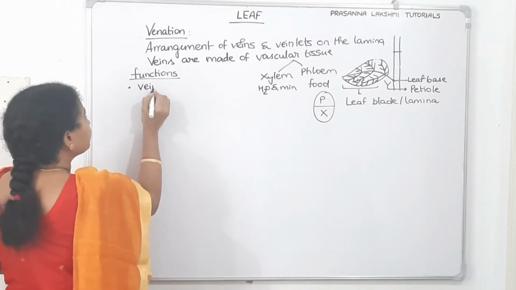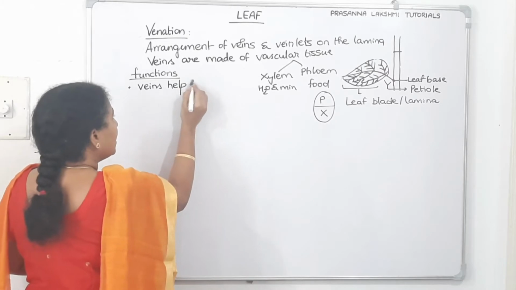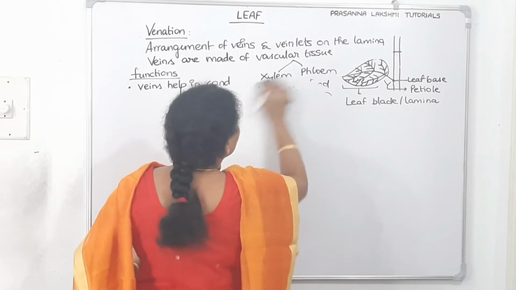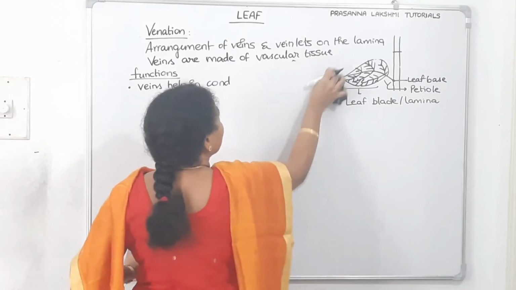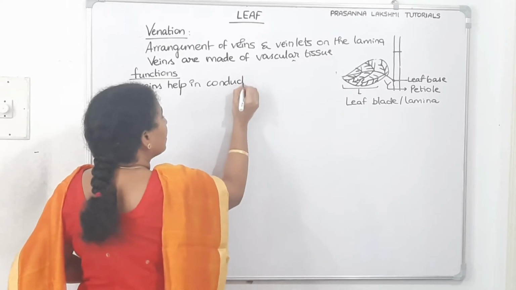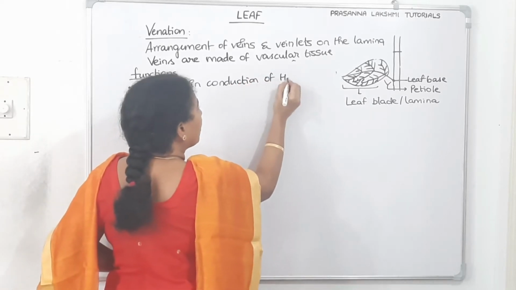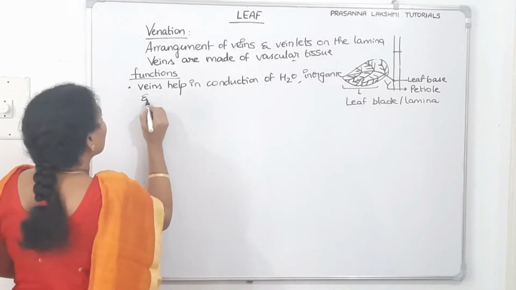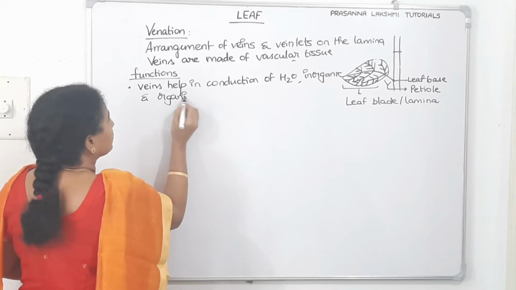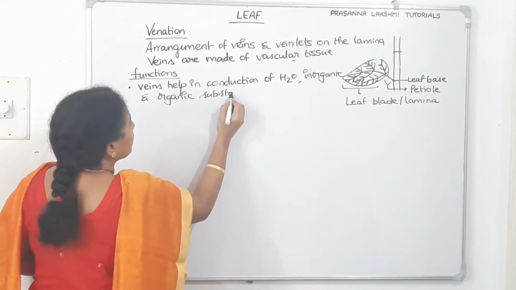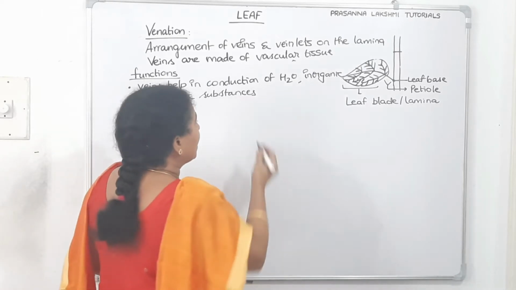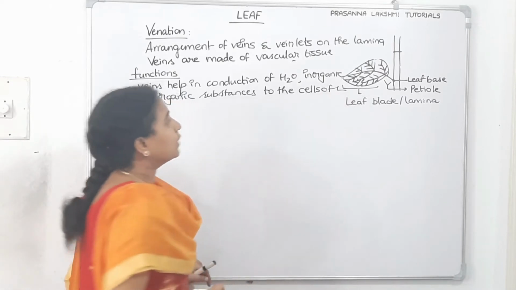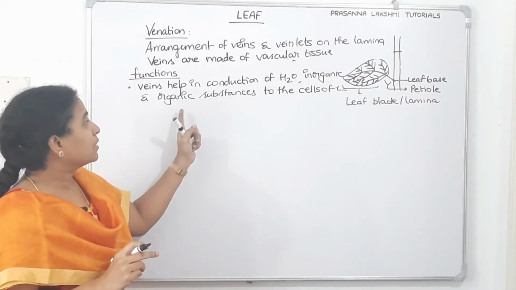Because veins contain vascular tissue, they help in conduction of water, inorganic and organic substances to the lamina, to the cells of the lamina. The veins are providing water, minerals and food substances.